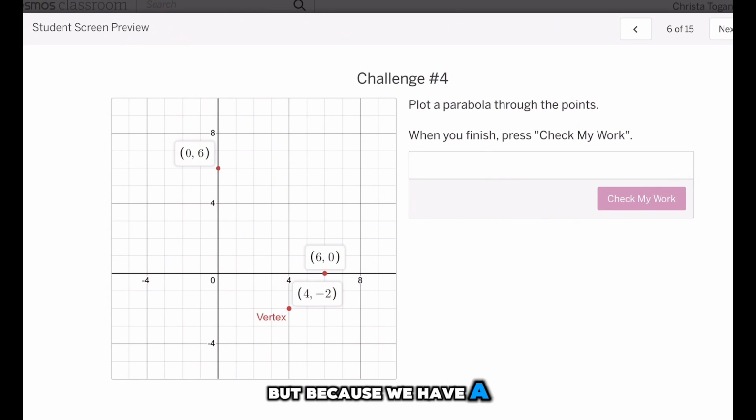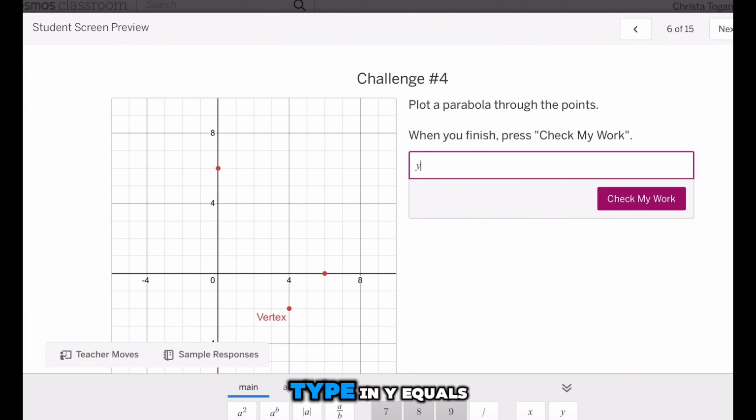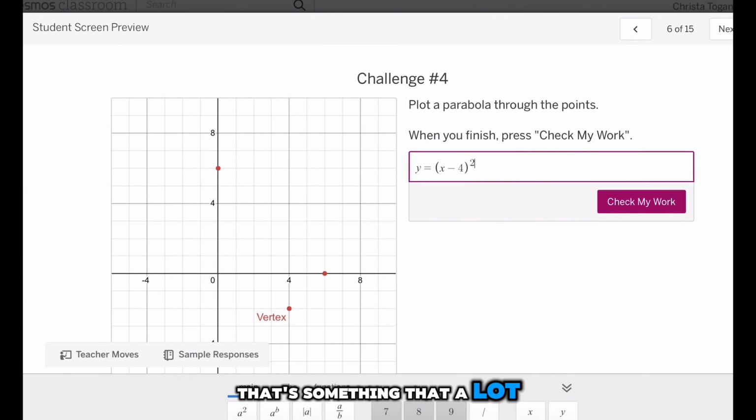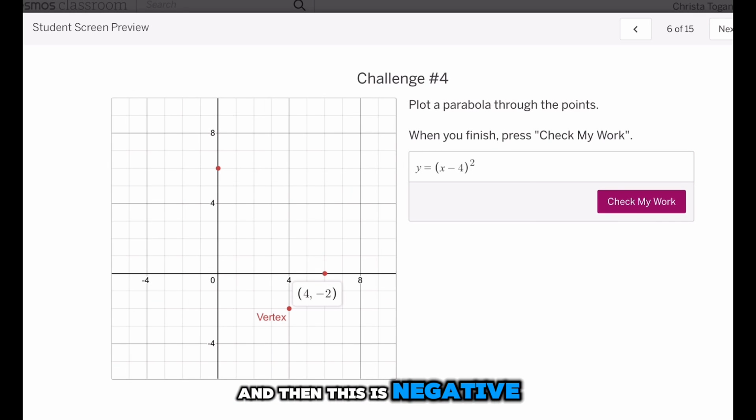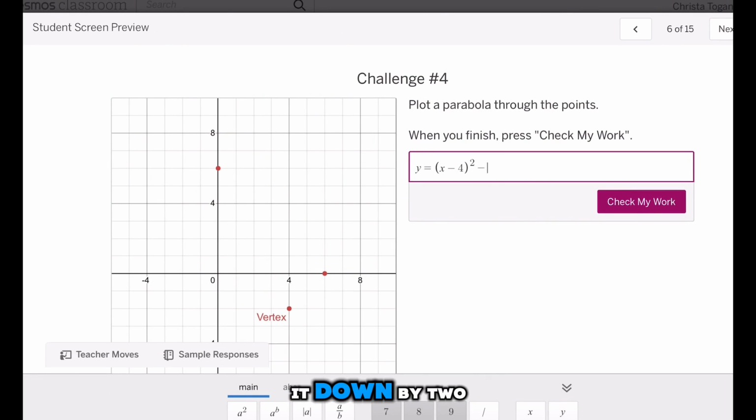But because we have a vertex, I'm going to stick with the vertex form. So I'm going to type in y equals, parentheses, x, that's minus 4. Then I need to square it. That's something that a lot of students continue to forget. And then this is negative 2. So then I'm going to move it down by 2.